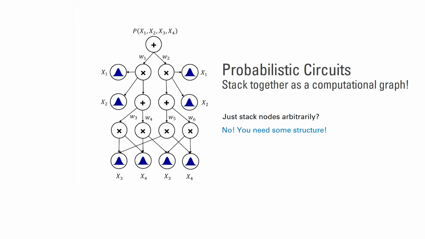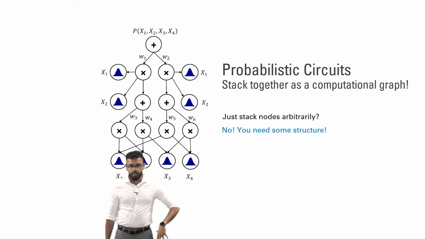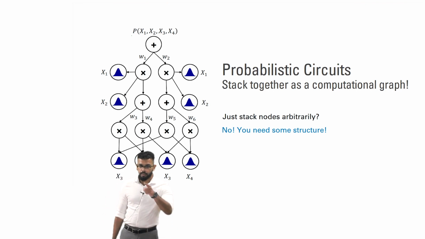At the leaf level, if you assume something like a Gaussian, you have 2 parameters: you have to learn the mean and the variance. So those would be the parameters at the leaf nodes, and the internal parameters are the weights of your sum nodes. These are things that you learn from data. Now, how do you learn them? We'll come to that. But I hope you get a high-level picture of what the representation looks like for these circuits.